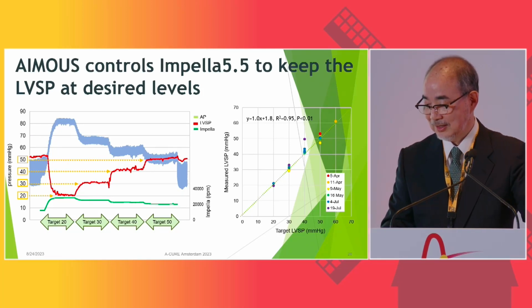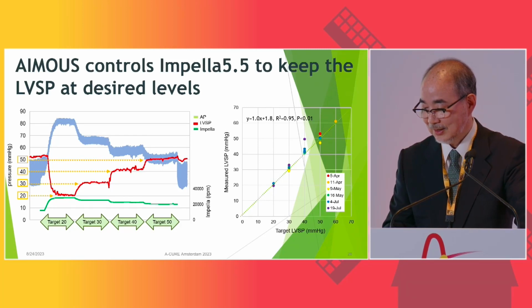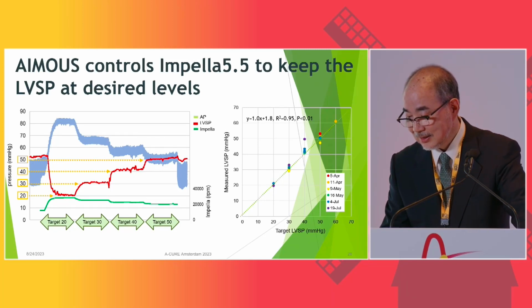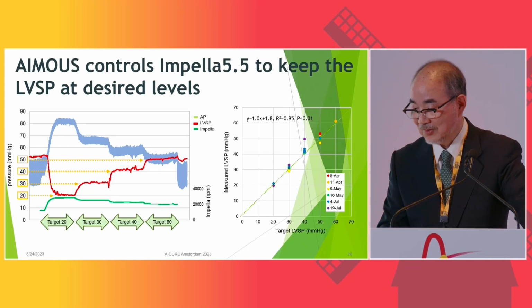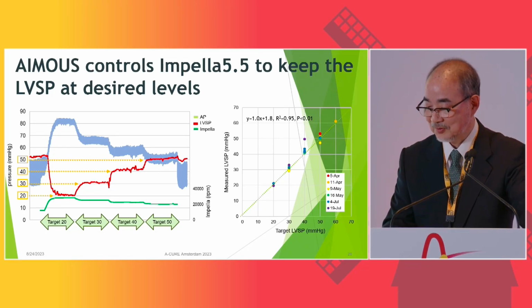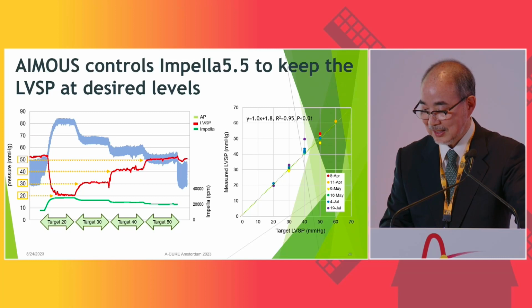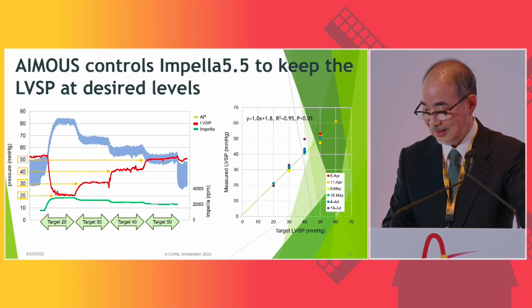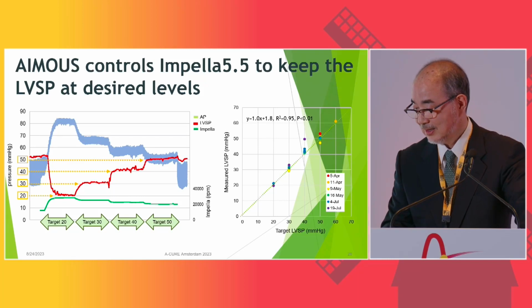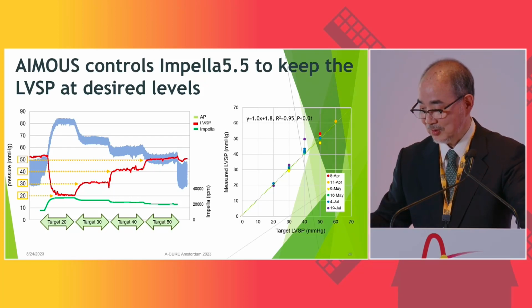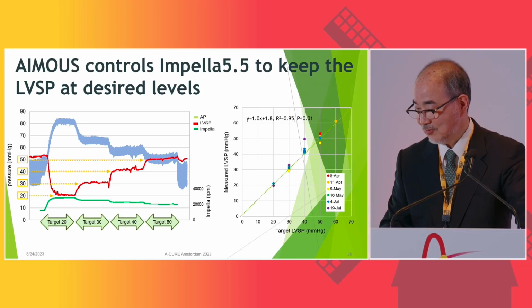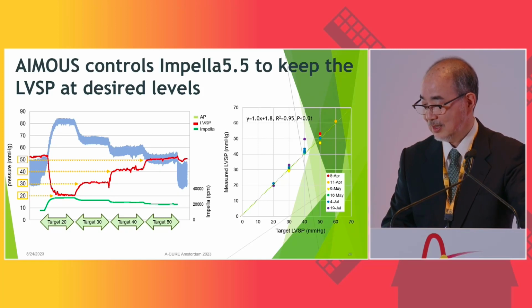This was shown this morning, and this red line indicates the left ventricular pressure. The servo system is controlling left ventricular pressure, whatever the value we gave. The right panel shows the correlation between target LV systolic pressure and measured LV systolic pressure.